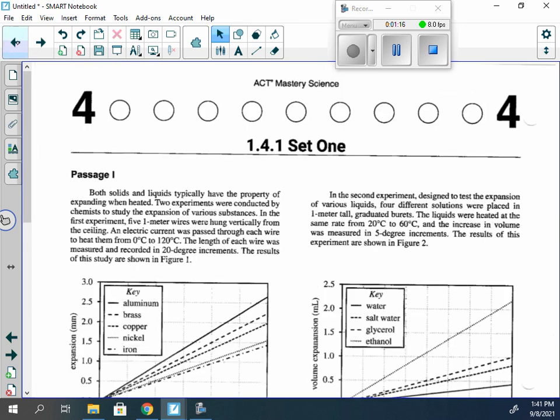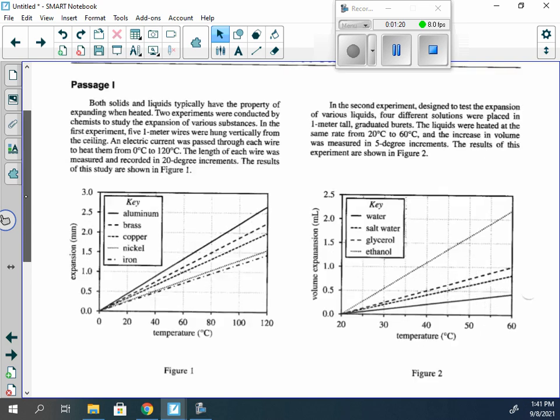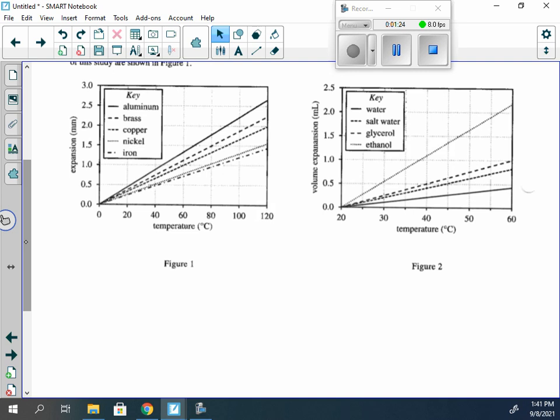Well, okay, let's look back at the passage. I have a lot of information there, but I do have two charts, yes? Does one of them contain brass? Oh, the first one does. And it has 60 degrees Celsius, yes? So what is brass stretched to at 60 degrees Celsius?